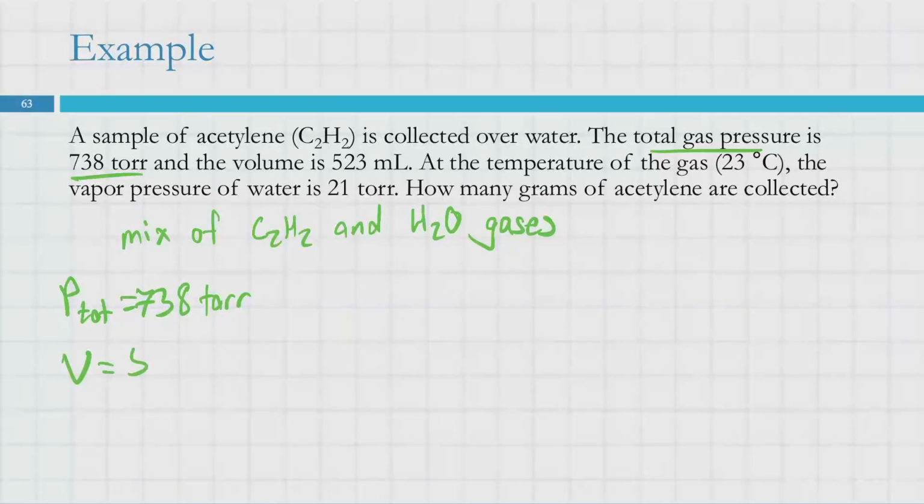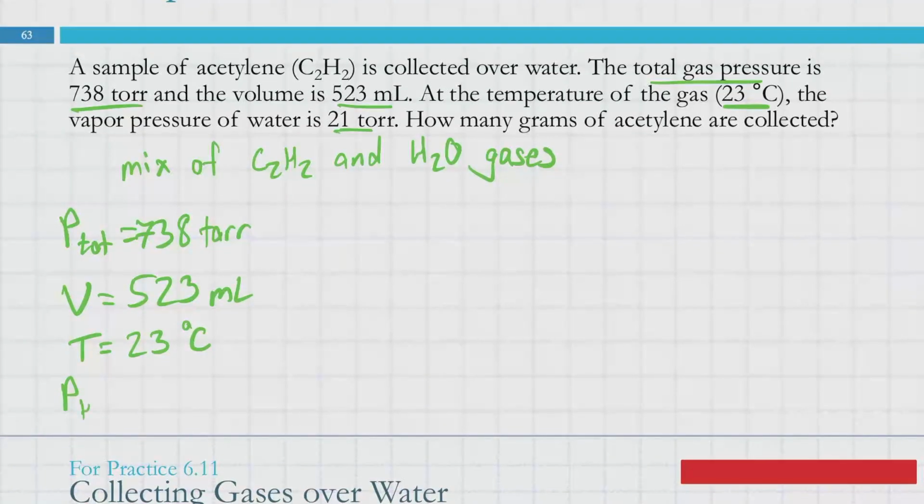Volume is 523 milliliters. The temperature is 23 Celsius. The vapor pressure of water is 21 torr. And we want to know how many grams of acetylene are collected. So we're looking for the mass of acetylene, C2H2.